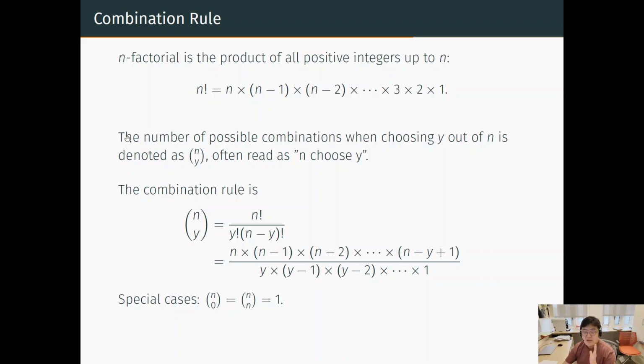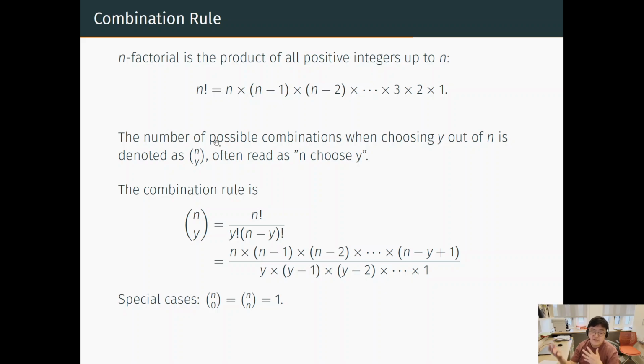Think about this: a total of n, what is the number of possible combinations when you choose y? We know out of n there are y cancellations. It's how you combine the y cancellations. That is denoted as the combination of n, y. Out of n, choose y different guys. So we read it as n choose y, right?